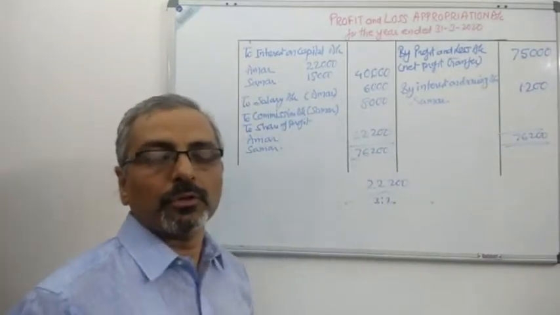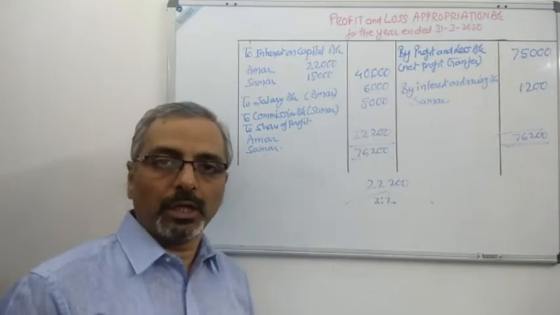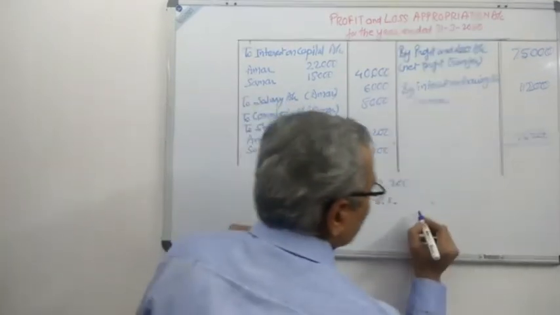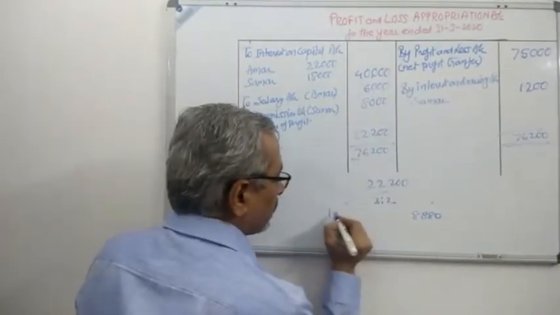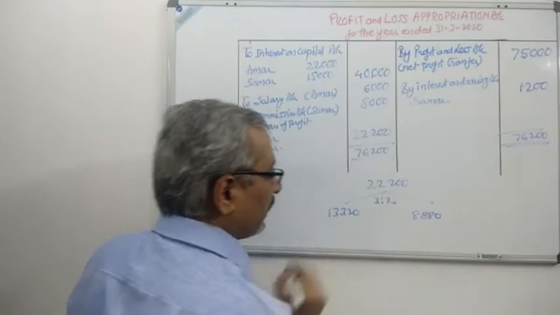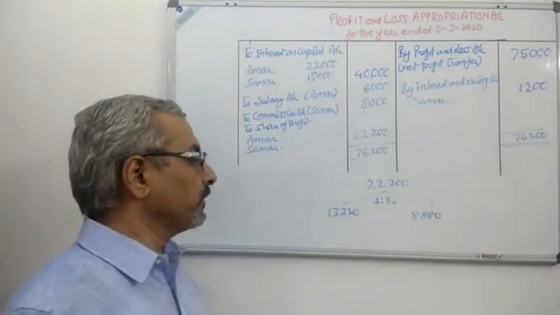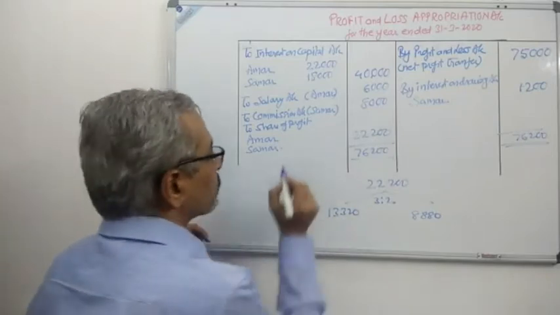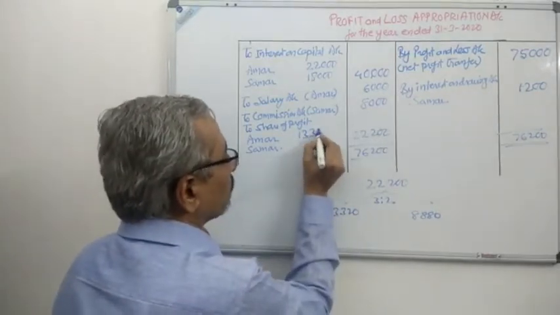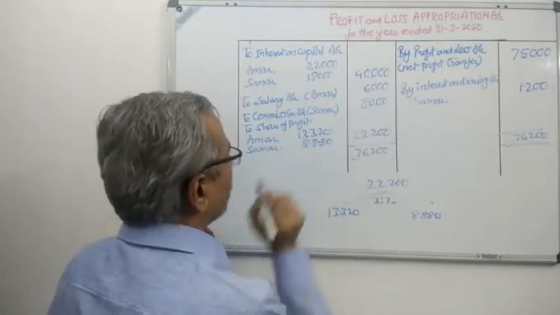So 22,200 divided by 5 gives you 4,440. Multiply that by 2, that gives you 8,880 for the first partner and 13,320 for the second partner. That is, Amar will get 13,320 and Samar will get 8,880. So let us post these figures over here: 13,320 for Amar and 8,880 for Samar.